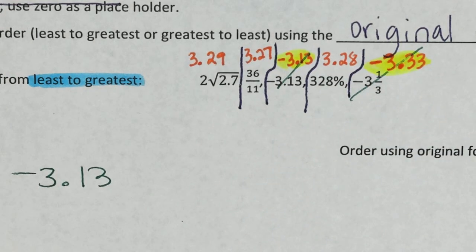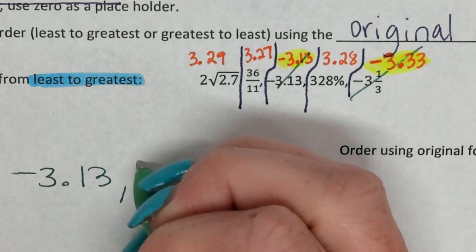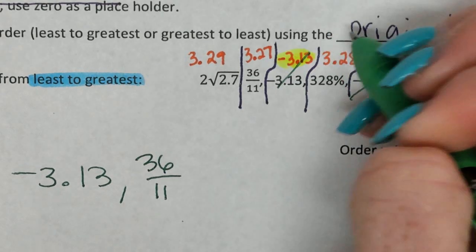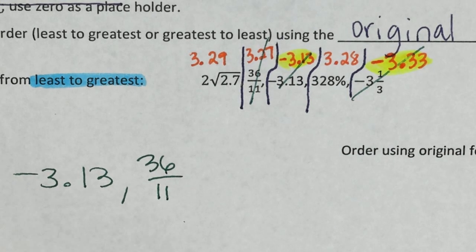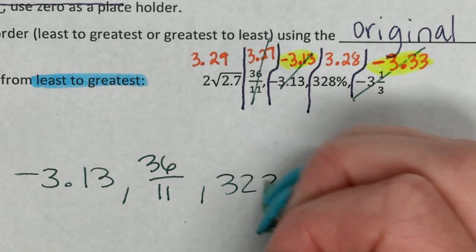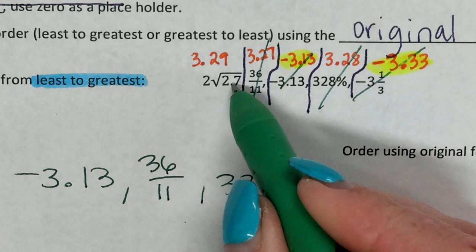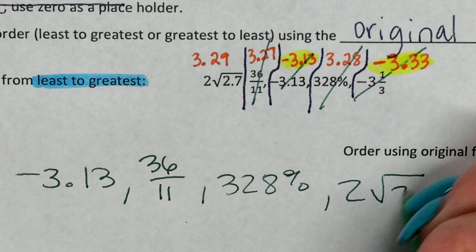Now I can deal with my positives, and you guys rock and roll with positives, usually. So out of my positives, which one's the least? 329, 327, or 328? 327. So 36 over 11. Mark it out. Now which one's smaller? 328, so 328%. And then this one, 2 square root 2.7.